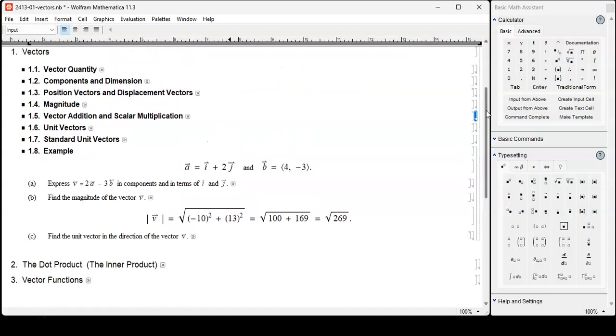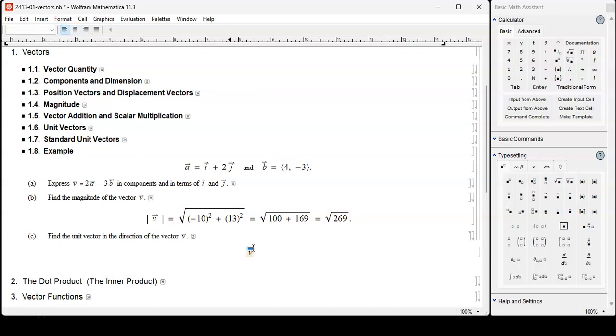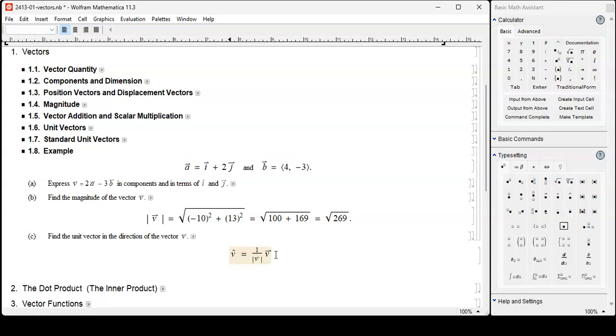Finally, the unit vector. The unit vector expression is this hat notation. And that is 1 over the magnitude times this vector. So this is a scalar, so the same direction as the original V. If you take the magnitude, this one has a magnitude of square root of 269 divided by square root of 269, so overall I'm going to get 1.